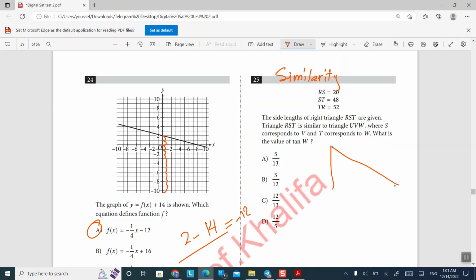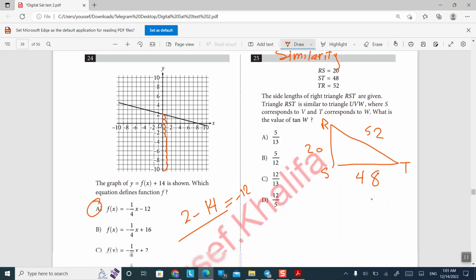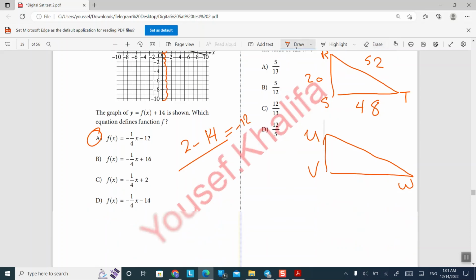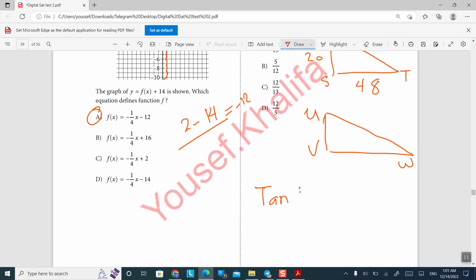In triangle LST, L is 20, LT is 52, ST is 48, and the same for UVW. Since T corresponds to W, let me write it down. So tan T is equal to tan W.